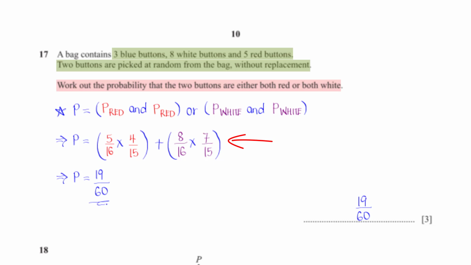The probability of picking white on the first pick is 8/16, and without replacements, the probability of choosing white on the second pick is 7/15. And so when we type this into the calculator, we get the final probability as 19/60.